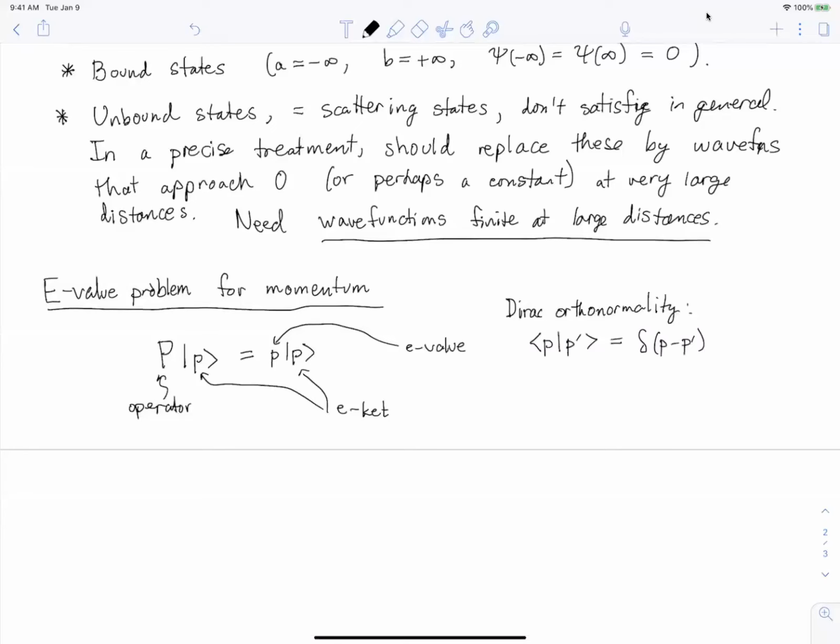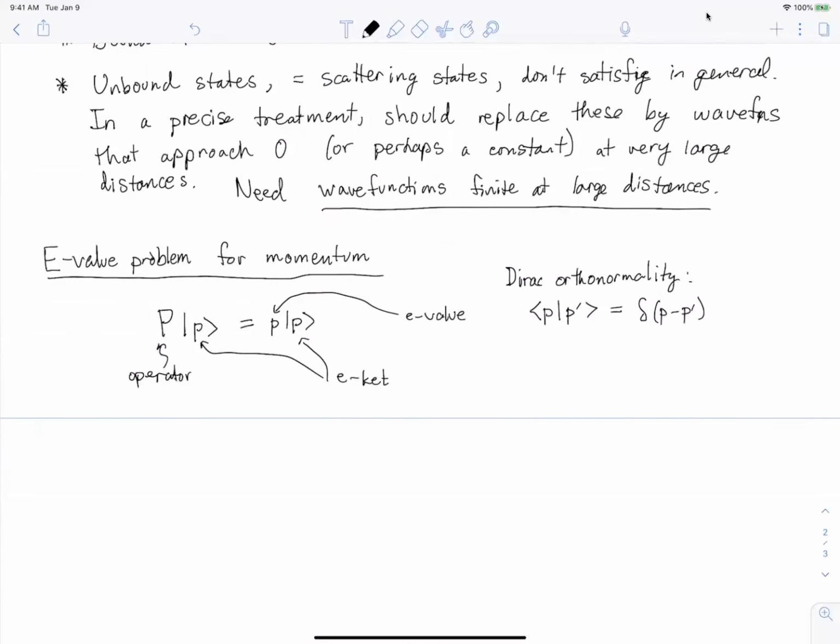And so once again, they're not technically members of the Hilbert space. They're idealizations. And so if we then do completeness, it looks like this: the integral from minus infinity to infinity dp of |p><p| is equal to the identity operator. Okay, so that's Dirac orthonormality and completeness for momentum.